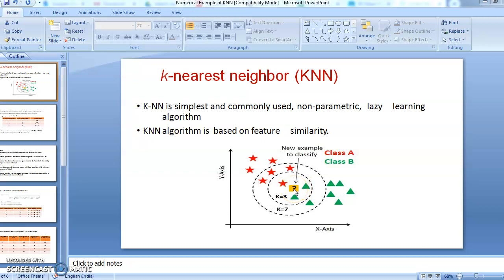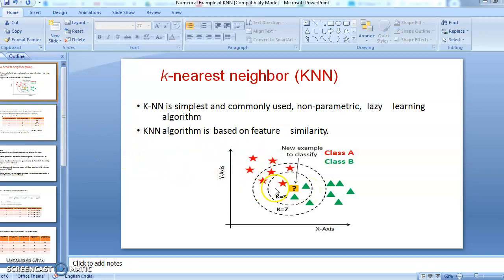KNN algorithm is based on the distance of that point from the two different classes. It will find the distance between this point and the other points, and the one which has the smallest distance, that point will belong to that particular class.